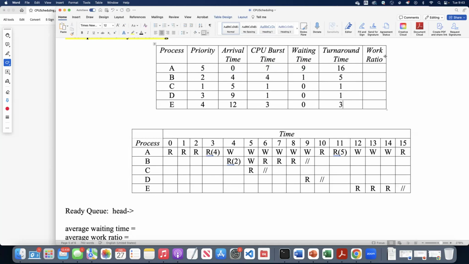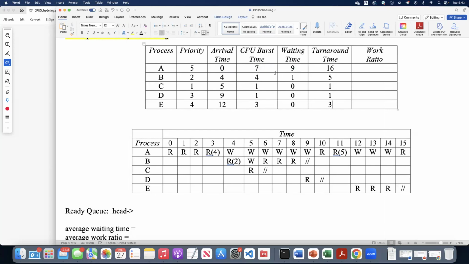The work ratio equals the CPU burst time divided by turnaround time. 7 divided by 16 equals 0.44. This is 4 divided by 5 equals 0.8. And for processes C, D, E, the work ratios are 1, 1, 1.